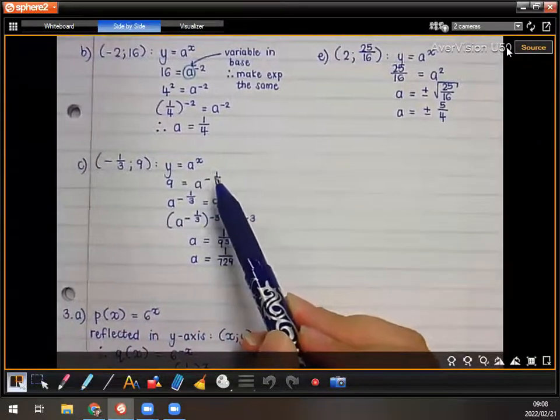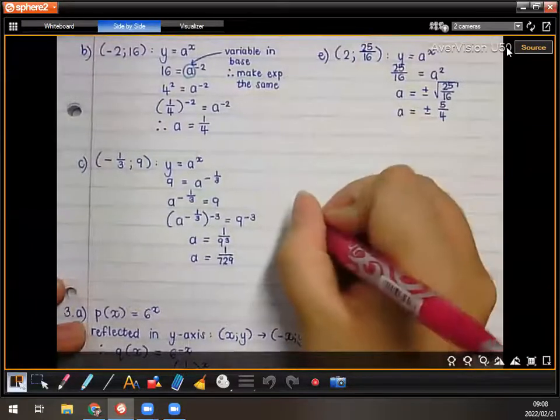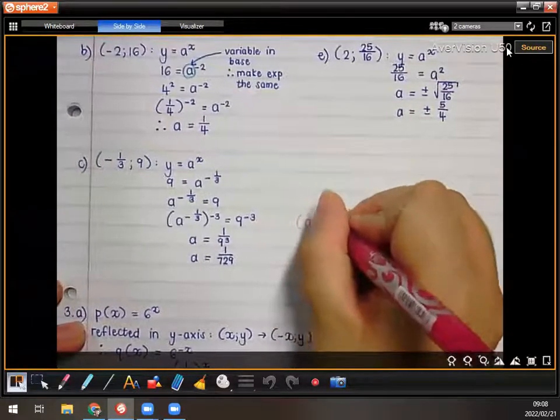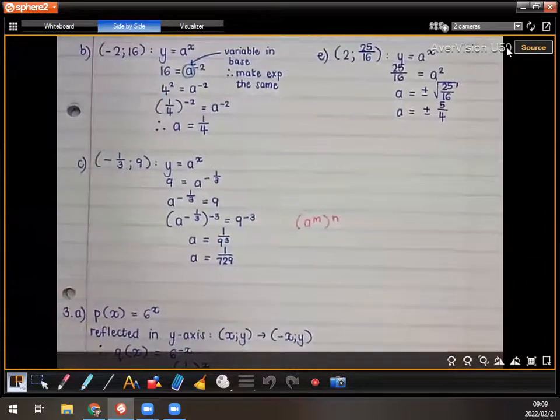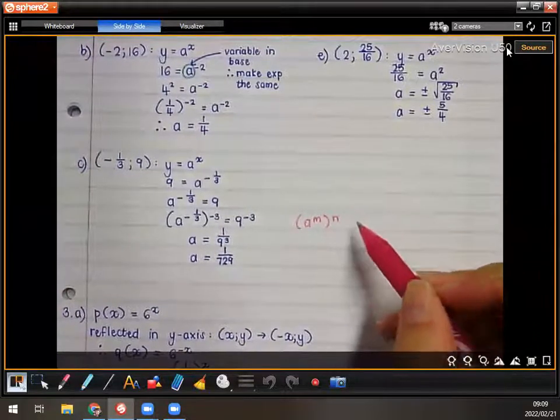That will actually turn it into 1. So we are going back to this exponent law where if you have an exponent inside a bracket and outside a bracket, what do you do with those exponents? You multiply them together, right?